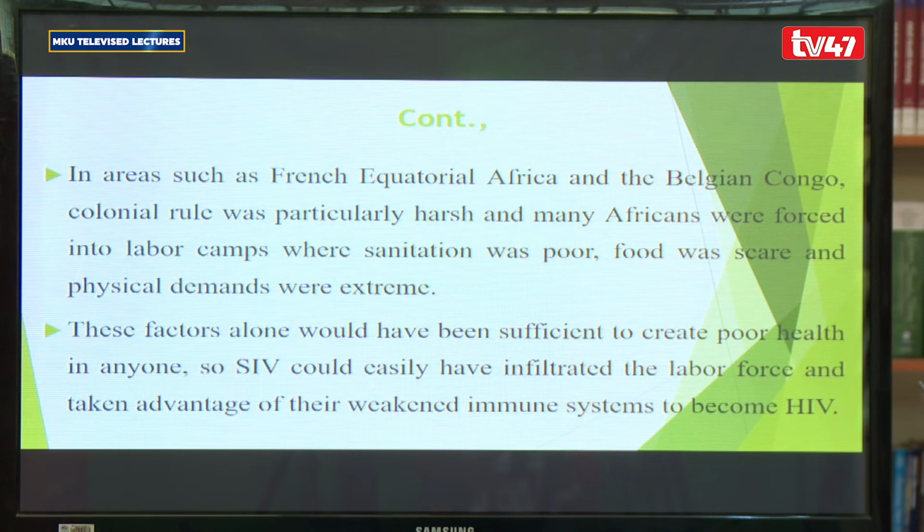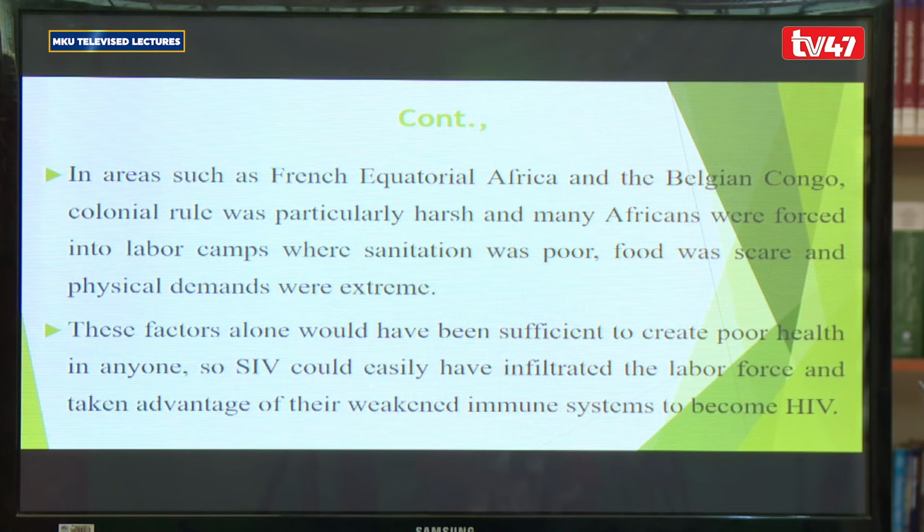As we know, most of the countries were being colonized by foreigners, especially the Congo, where these colonialists were very harsh. So they forced people to settle in one place.